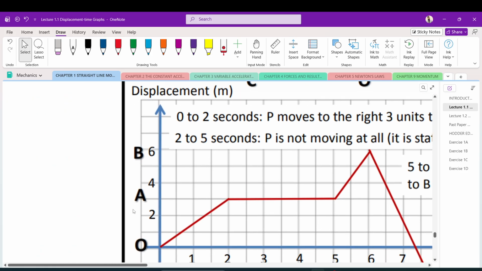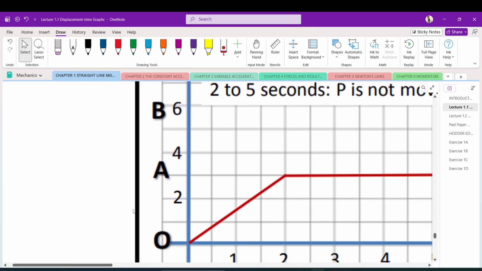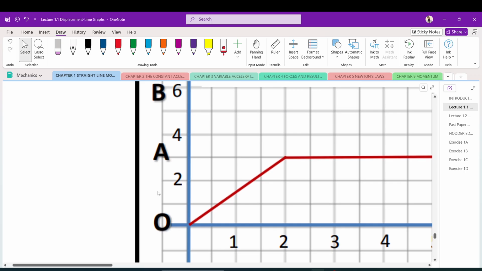So how can we represent that on our graph? We only have to consider this part, right? From 0 to 2 seconds, the distance covered was 3 units, so that is 3 meters, and that was 2 seconds. So the graph is going to be from point O all the way until this point.